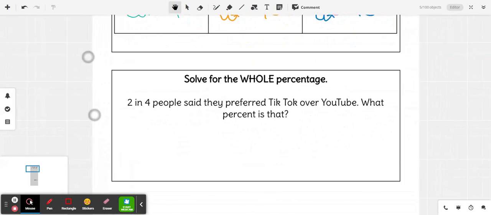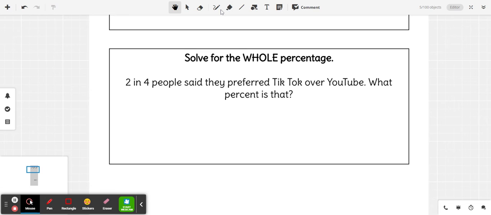Now let's move down to our fractions. You will see a few of these on your class kick. So 2 in 4 people said they preferred TikTok over YouTube. What percent is that? First, let's put this in fraction form. 2 in 4 comes out to be 2/4.